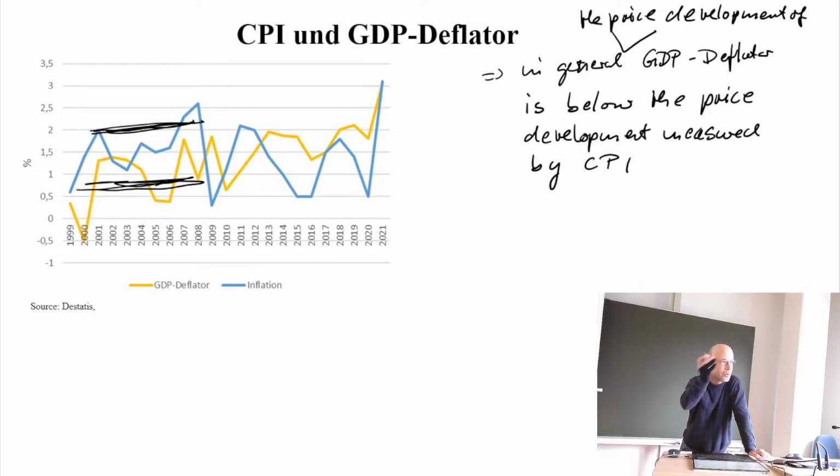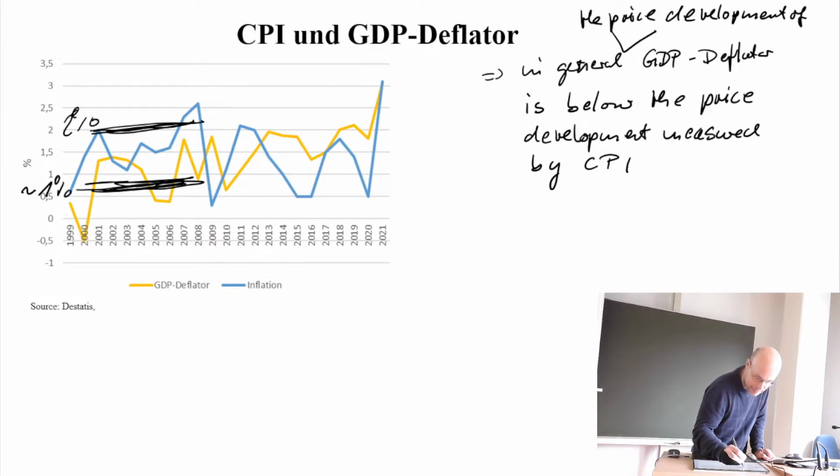So, well, you go to your company and you say, I want to have roughly 2%. And if you go in this situation, then you see here you have maybe roughly a relative change of GDP deflator of only 1%.